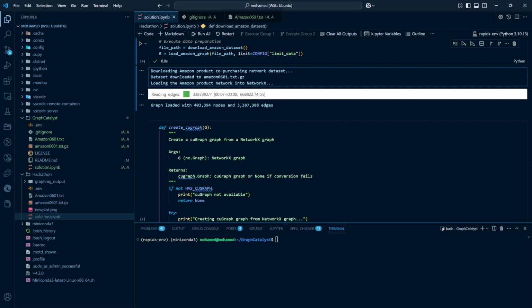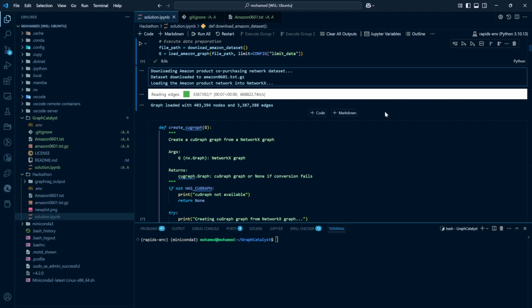That's what GraphCatalyst is trying to address. Basically addressing three key business needs: identifying influential products that drive purchasing behavior, detecting natural product communities for category optimization, and generating personalized recommendation strategies in real time.